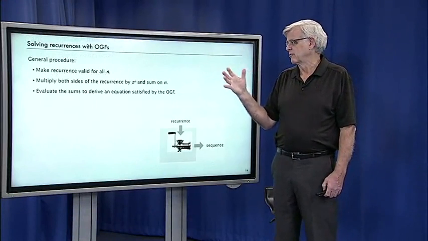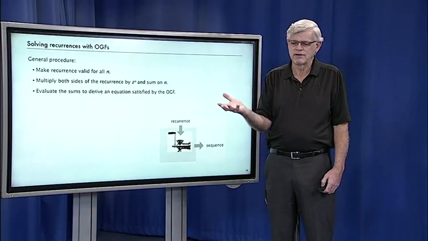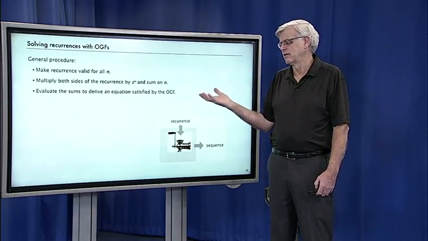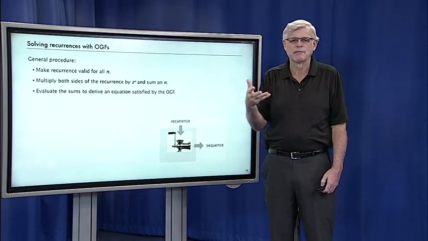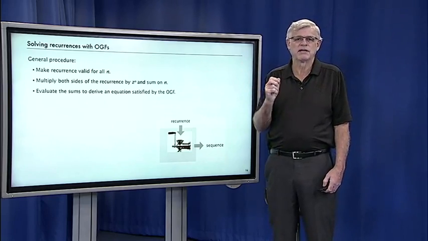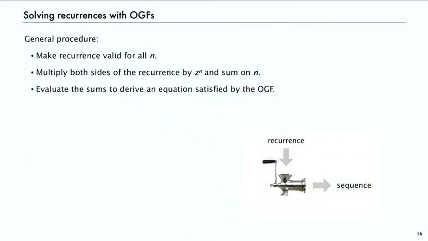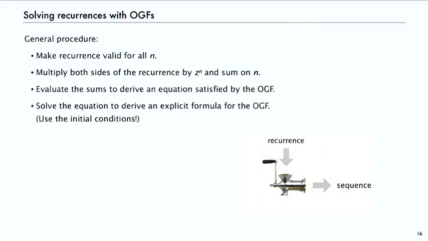Then that'll give us some sums, but some of those sums will involve an unknown generating function and maybe some well-known generating functions. The end result will be an equation that the OGF corresponding to the recurrence has to satisfy.